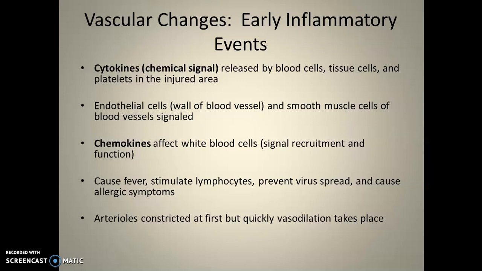The cytokines are released by the blood cells and the tissue cells, right, all at the site of where the infection is. The endothelial cells, the wall of the blood vessel, right, are going to respond or be signaled by these cytokines. The chemokines are going to be affecting the white blood cells, so signaling and recruiting the white blood cells to come to the site of the infection.